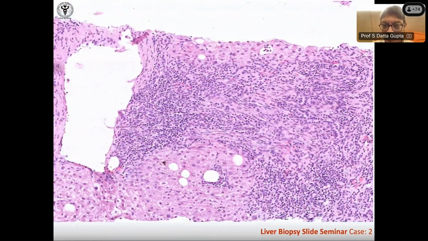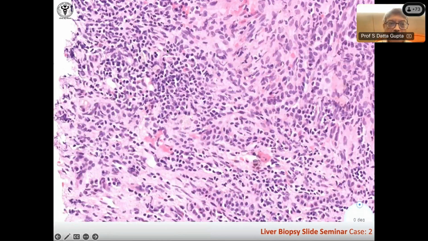Oh, look at this. Quite extensive portal inflammation with, see this, piecemeal necrosis in some areas, right? And there are some plasma cells, it looks like.